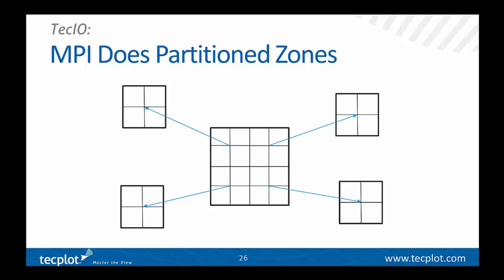And each one of those processors can write out its individual partition via TechIO MPI, and then Tecplot, when it reads the file, will reassemble those pieces into a single zone. All of these calls to TechIO will write to a single file, however, and we do that using the MPI IO portion of MPI.